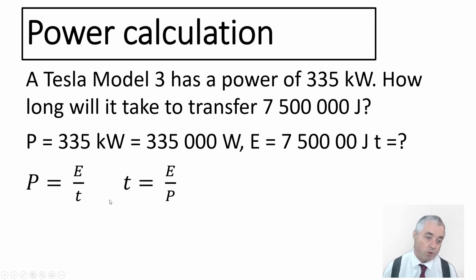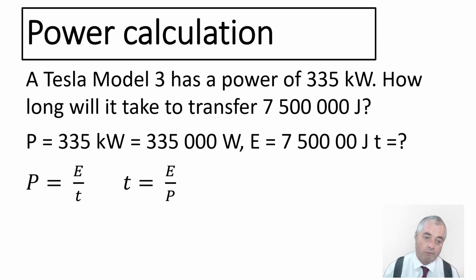Now, if you're good at maths, what you'll have done is you'll have looked at that and you'll have said, well, what I need to do is I need to get time on its own, and I certainly don't want it to be dividing. I don't want it to be the denominator. I want it to be on the top. So the first thing you would do is multiply both sides by t to get t times p equals e. And then you want to get p away from the t, so you divide both sides by p and you end up with t equals e over p.